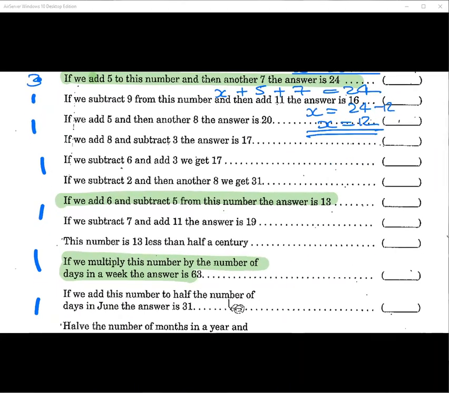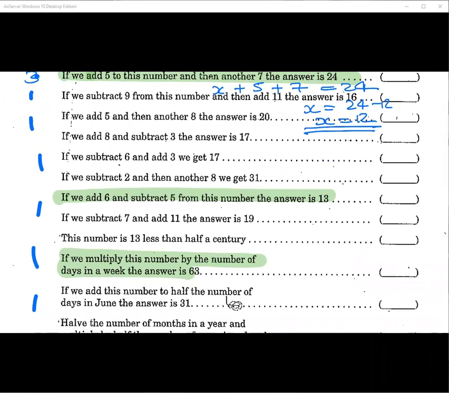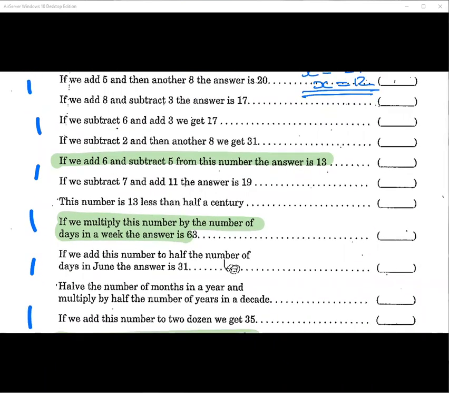Okay, what's the answer for the next? So I got 12. I just left my mic off. Okay, no problem. Hasib, what's the answer for the next one? Mr. Hasib, what's the answer for the next question?